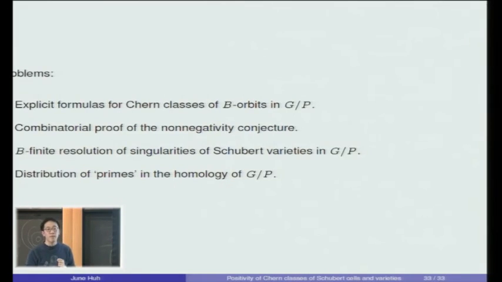But it would be very nice if you could say something roughly about how these primes are distributed and what kind of conditions they should satisfy in addition to effectivity. That would, for example, tell you further about our coefficients gamma, alpha, beta, other than non-negativity.